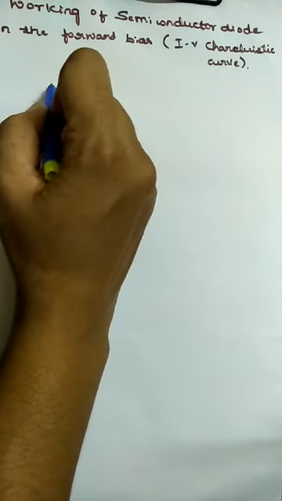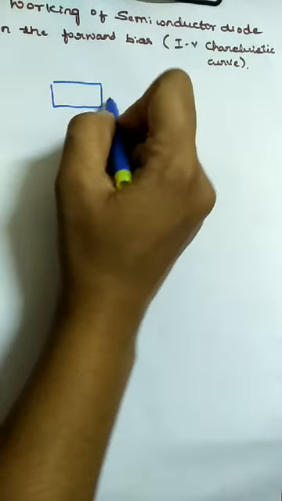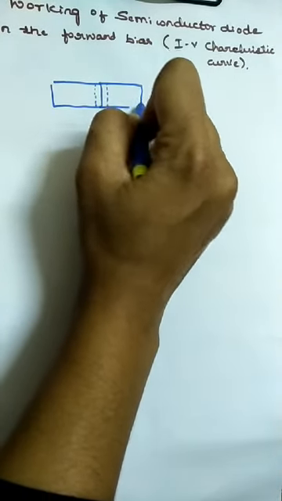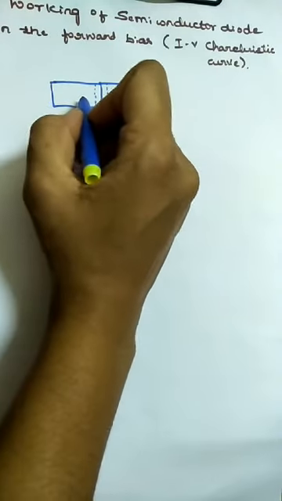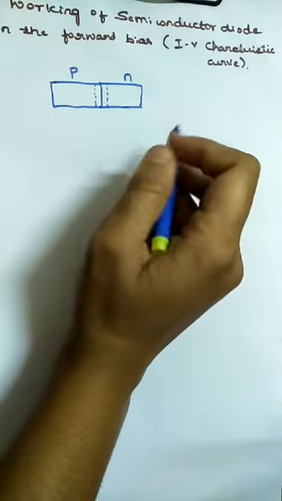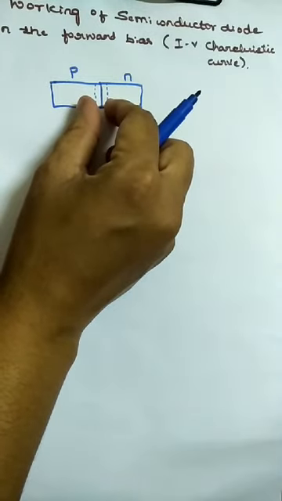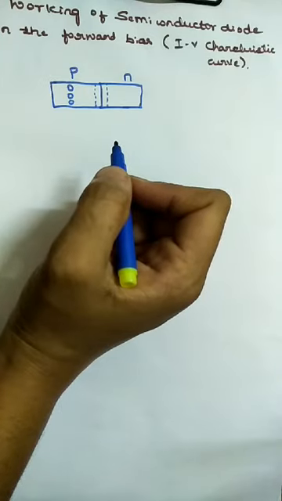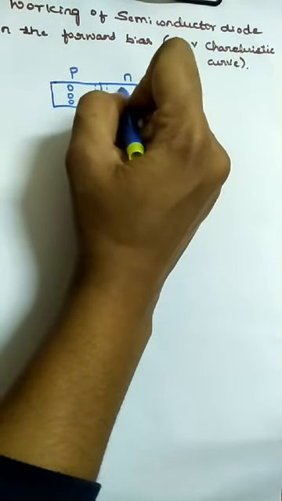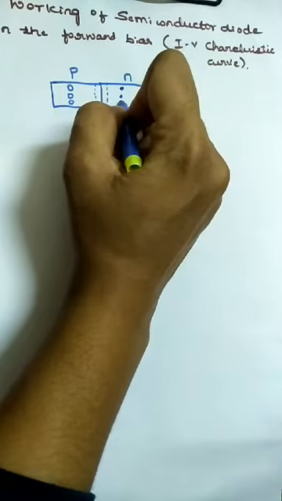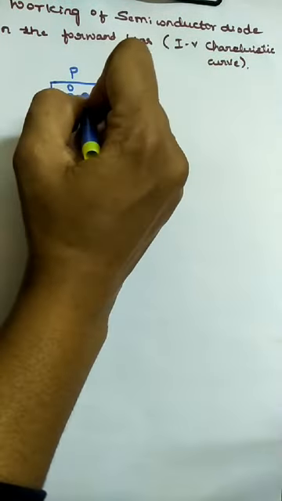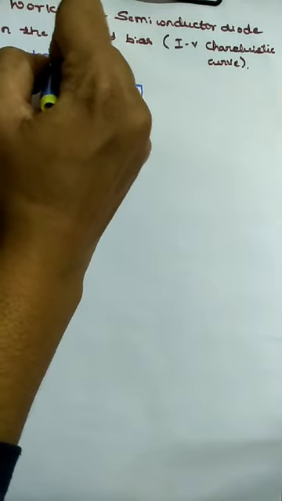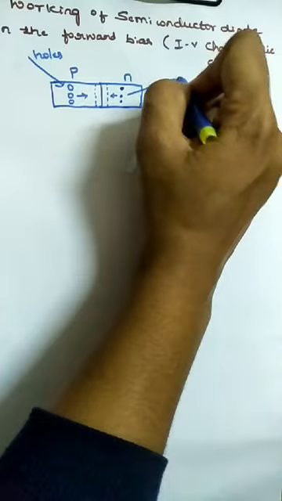First we have to draw the diagram. This is the P side, this is the N side, and this is the junction region. In P type, holes are the majority charge carriers and in N type, electrons are the majority charge carriers. Here these are represented as holes and these are represented as electrons.